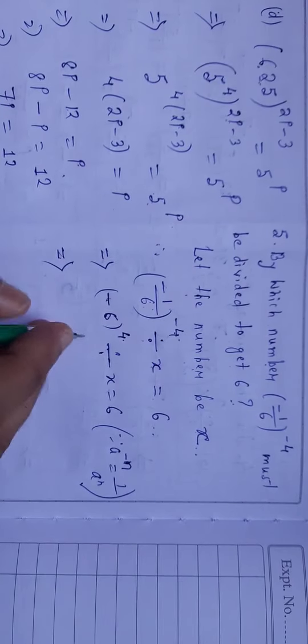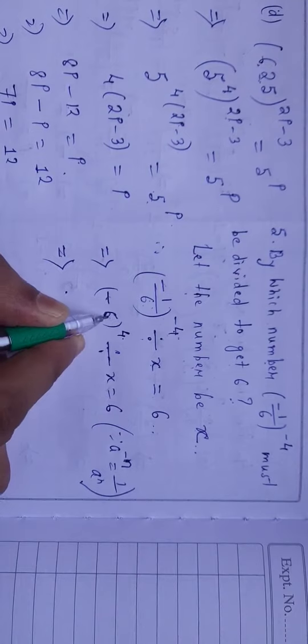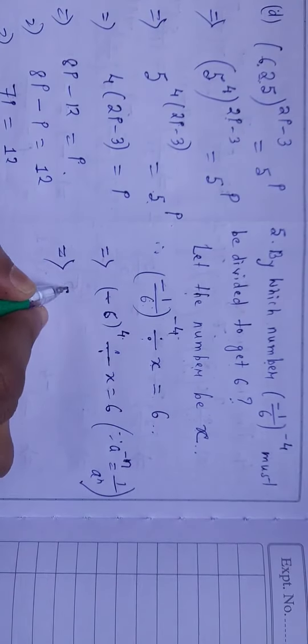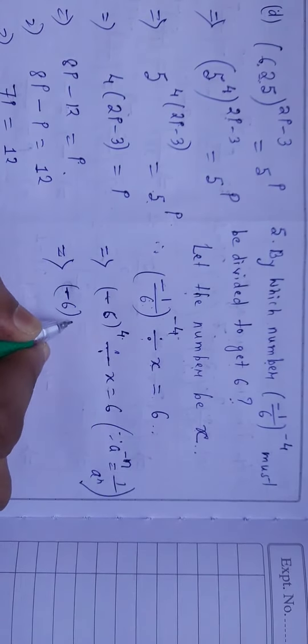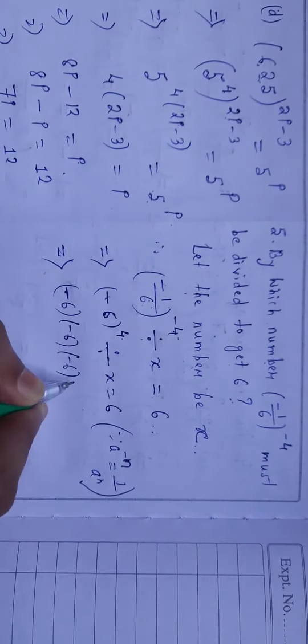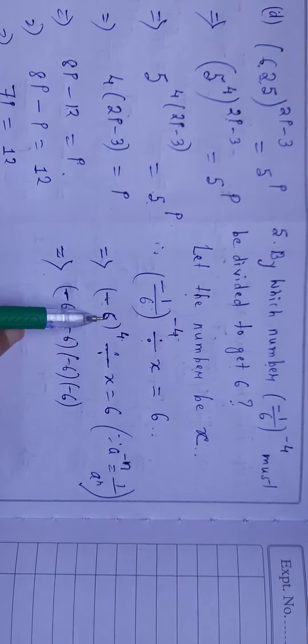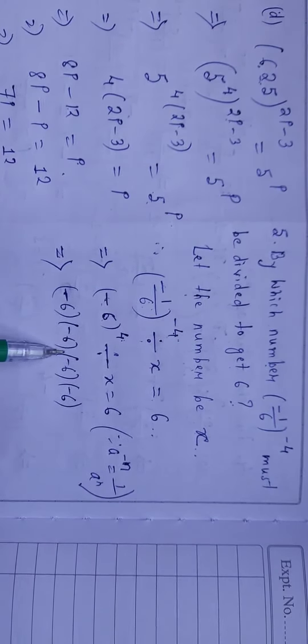which implies, now since it is minus 6 to the power 4, it can be written as minus 6 into minus 6 into minus 6 into minus 6, 4 times.